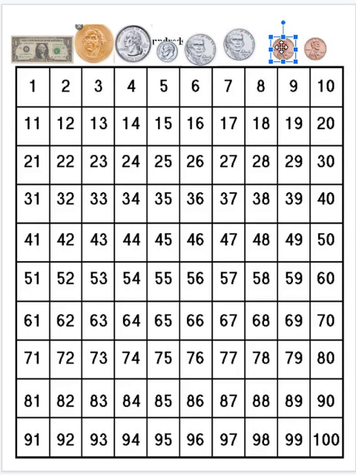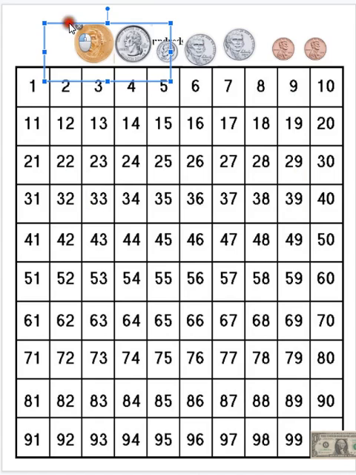Those are worth 1. Okay, so I know the dollar is worth 100 cents, right? So I'm going to take the dollar, see if I can move it out here, and put the dollar right on the number 100. And I'm going to do the same thing with my other dollar.